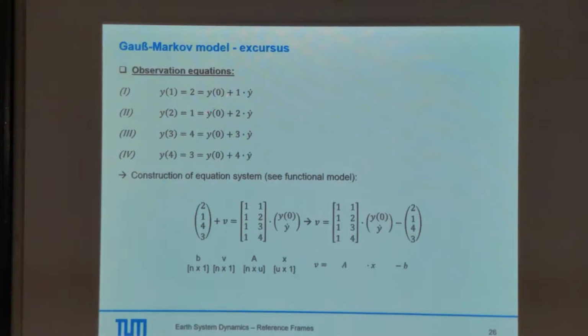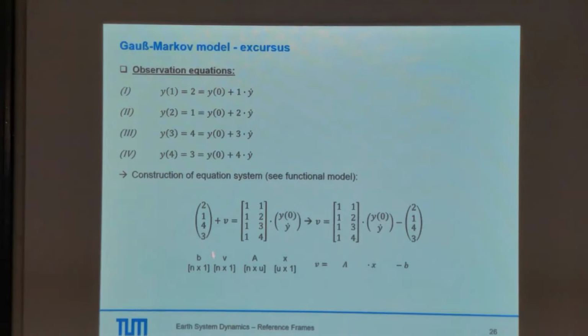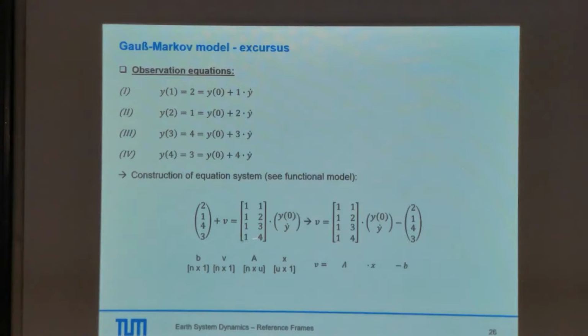The partial derivative of the first equation with respect to the y dot value here is again 1. For the next one, this is 1 and this is 2. This is 1 and this is 3 for the partial derivative. So you get this matrix. Then you have your vector of unknowns, the offset and the slope. And if you rearrange this equation and solve it for v, then you end up with this one: v is equal to A times x minus the observations.